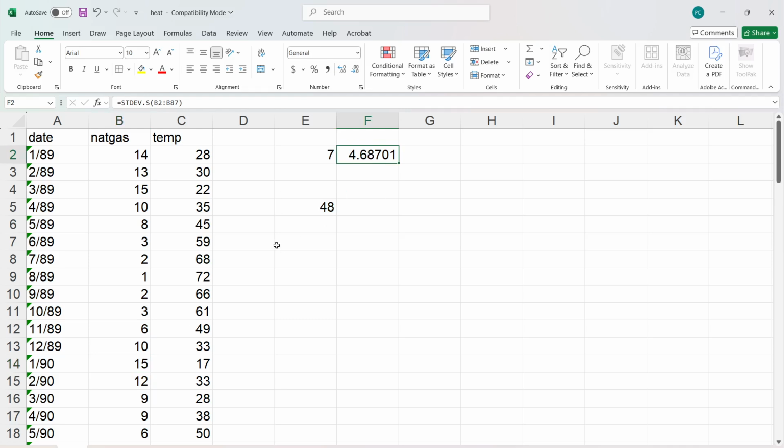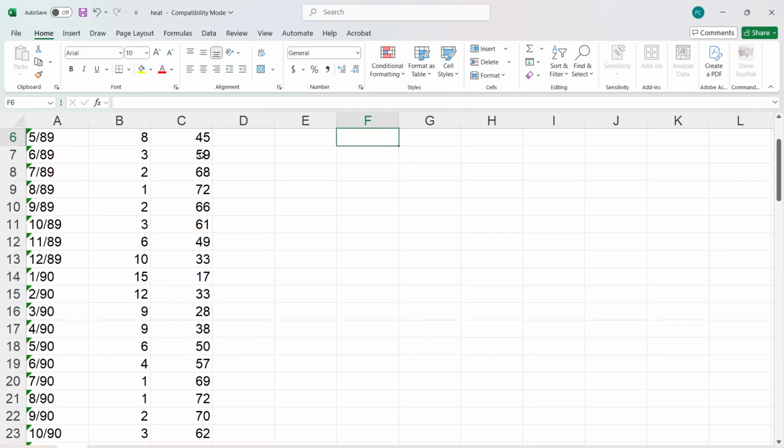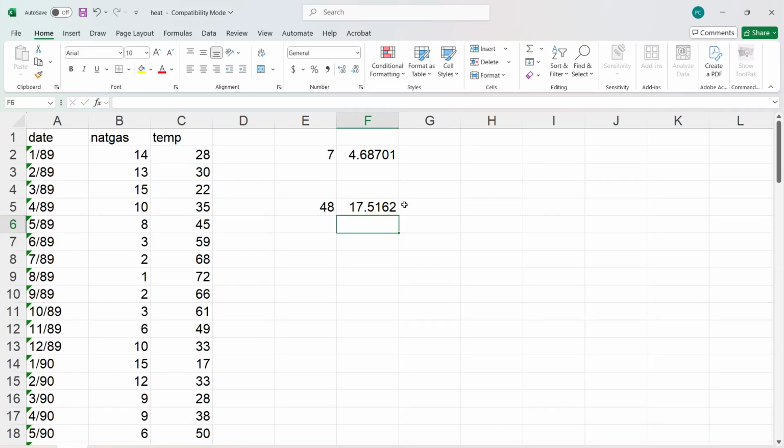4.687. Do the same for the temperatures. And I'm guessing that we would STDEV.S of the temperature data. And what's the result? 17. A little more variation than I expected.